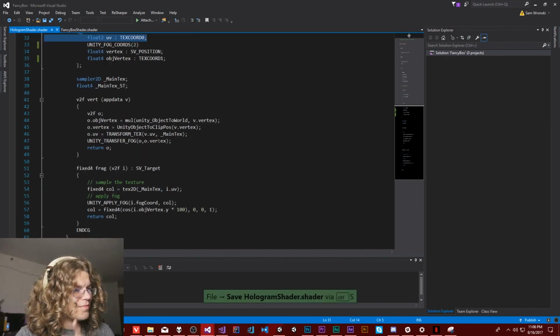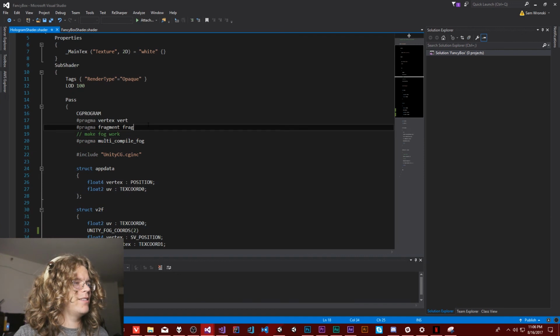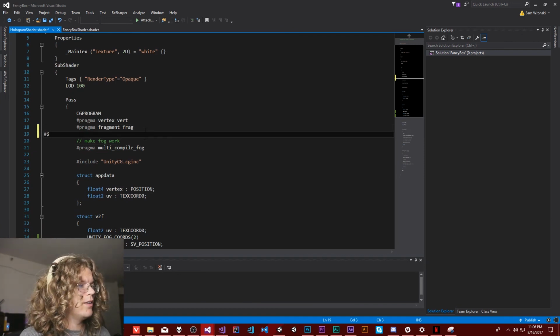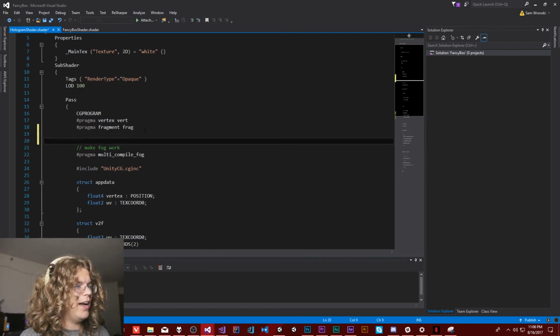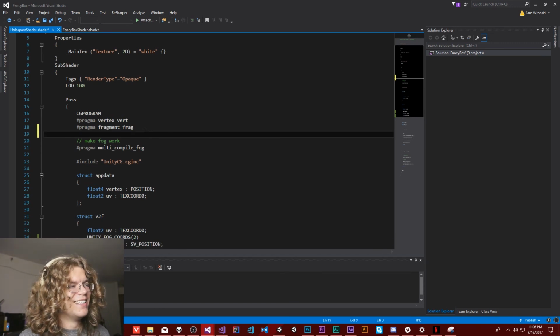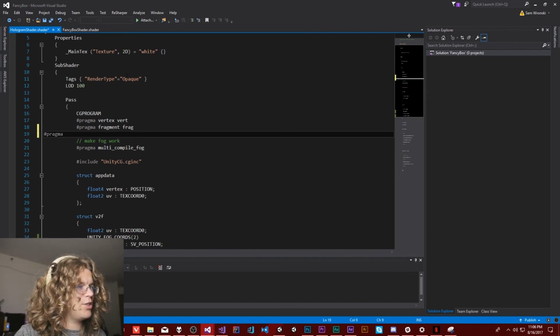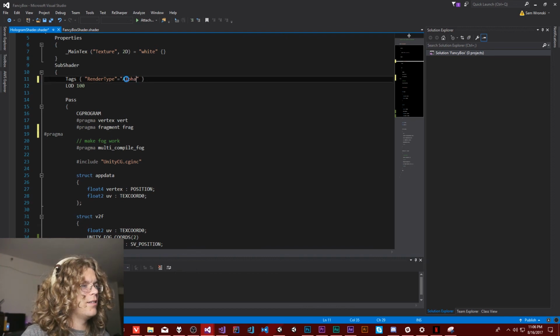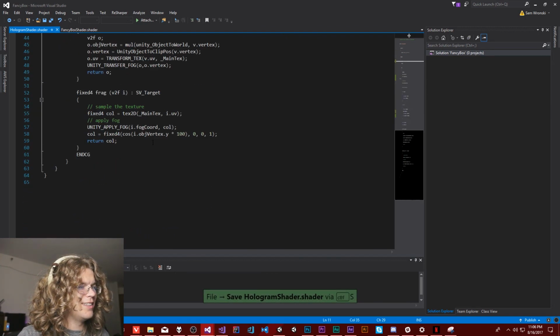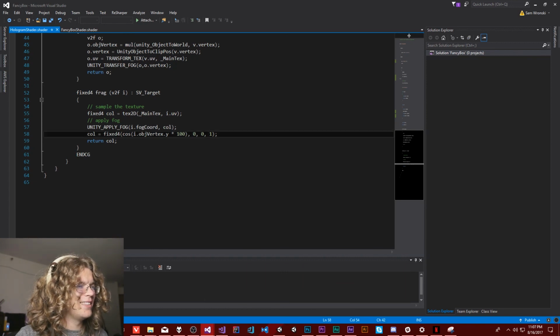Right. Alpha. We need to make this transparent. How do we do that? I don't know. It's going to require a pragma shader or pragma command here. That's going to say this is an alpha shader. Actually, it's not. That should work. That's not gonna work at all, but okay.